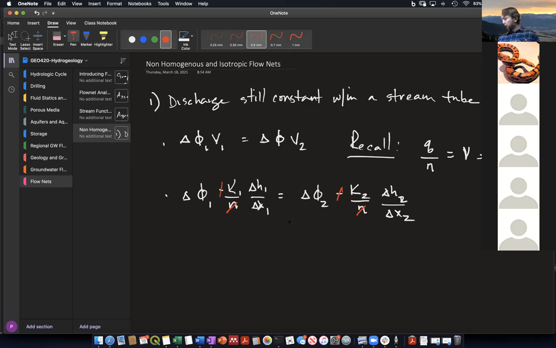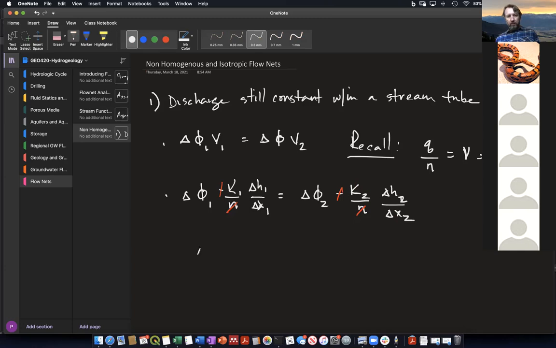So a couple things. The discharge constant remains the same, but now it's no longer a direct correlation between the spacing and the fluid velocity, because we now have these different head gradients modulated by the hydraulic conductivity.